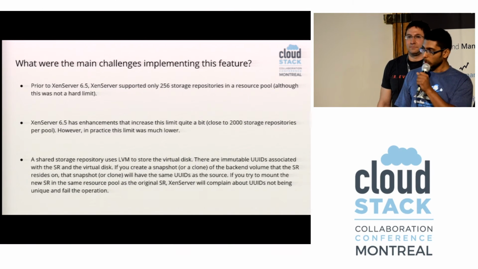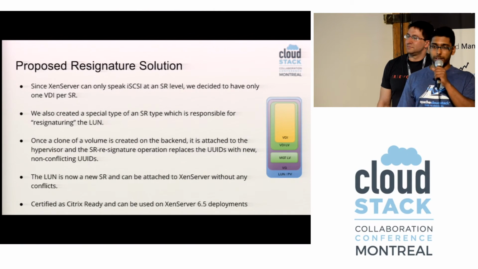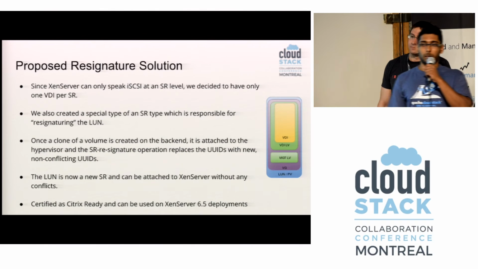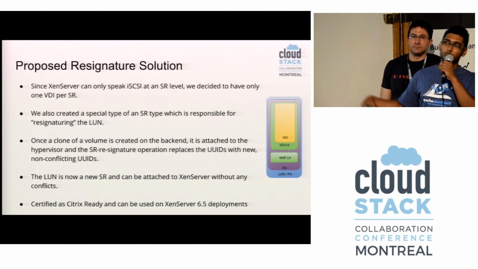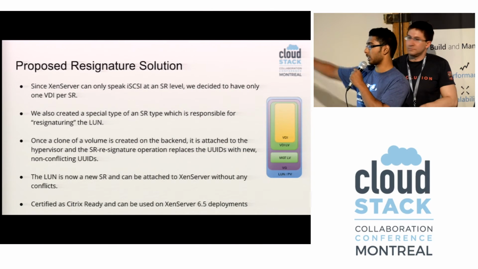One of the solutions that we came up with was what we call the resignature approach. We take that LUN, we don't technically attach it to the XenServer, but we do an iSCSI login, and basically change all the metadata on the LUN.